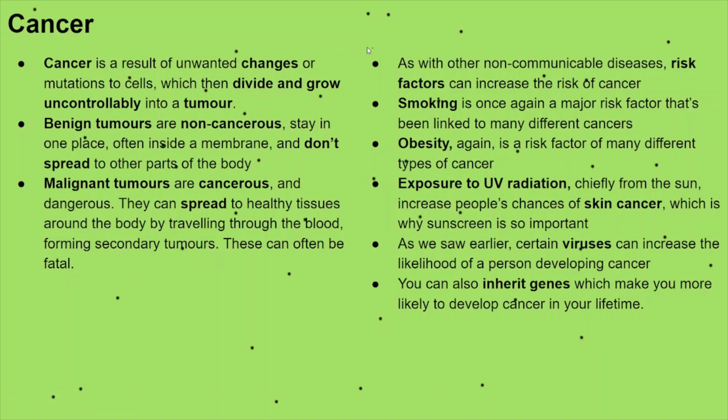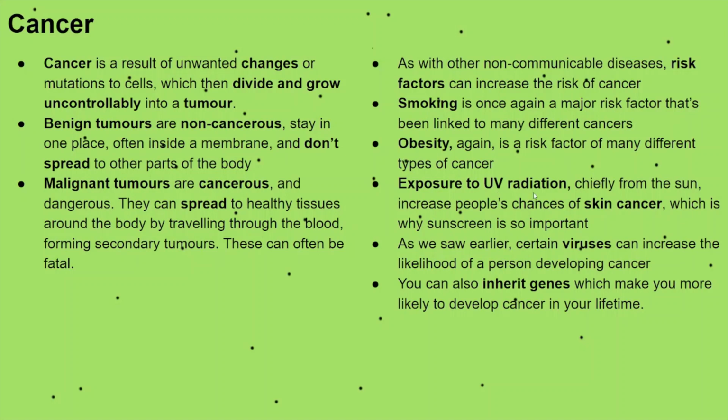And now, risk factors. Always remember your risk factors for non-communicable diseases. So smoking up here is the top one. It's been linked mainly to lung cancer, but also to many different other cancers. So smoking is just really bad for you. Obesity is a risk factor of many different types of cancer. Again, obesity, smoking. You can see these are general risk factors for non-communicable disease. Exposure to UV radiation. You may have been told to wear suntan lotion when you're outside in the sun on the beach.